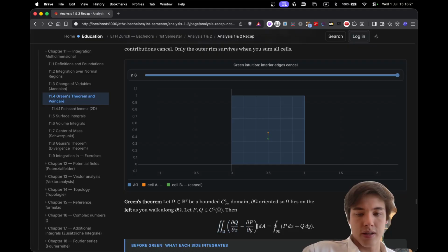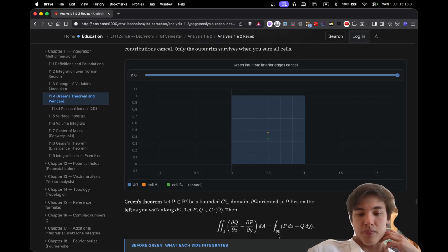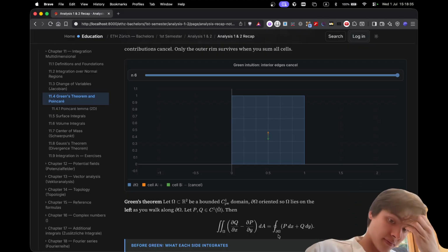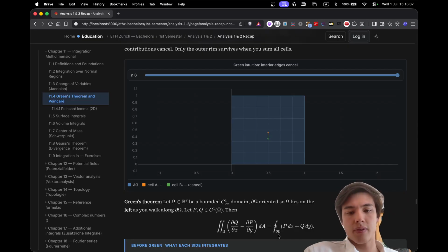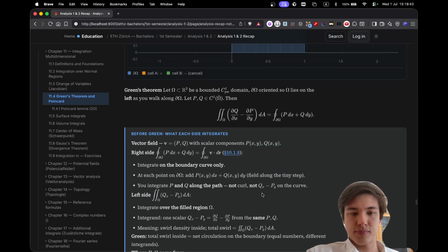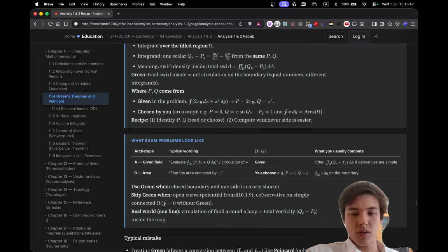If this is like a swirl, I think, then we can just do the line integral. What do we do here?